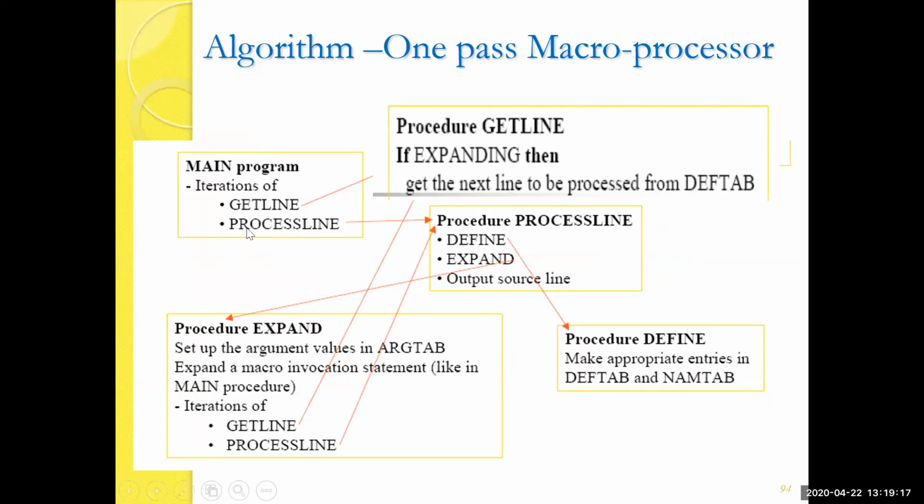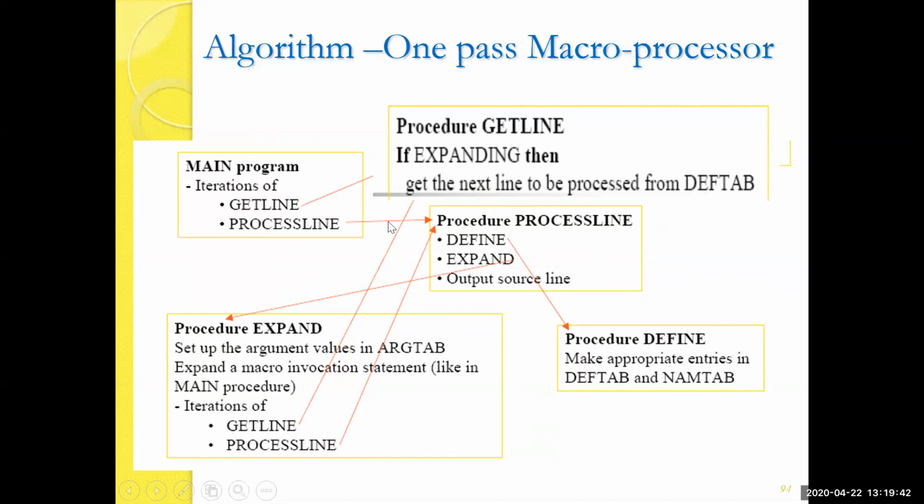That is, when the opcode is end, the process ends. You may see the getLine procedure gets the next line, but it depends on the value of the variable expanding. If expanding is false, the line will be read from the input file, while if it is true, the next line that is fetched is from the definition table.